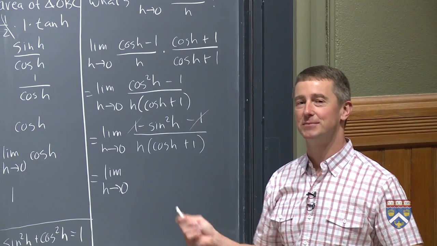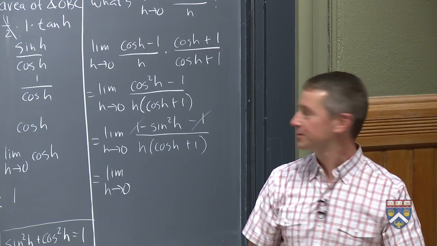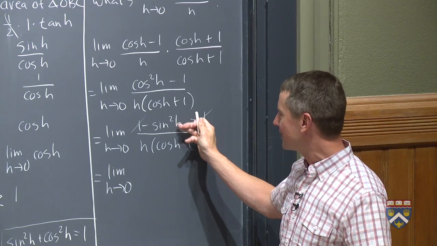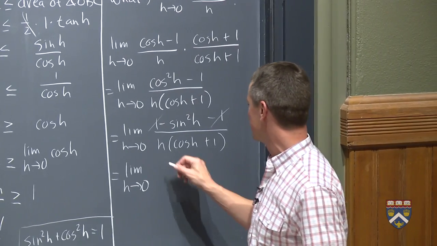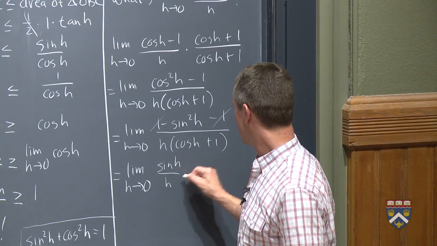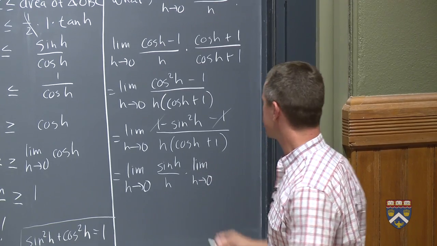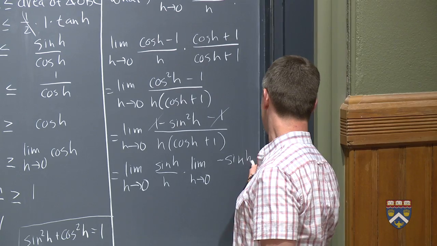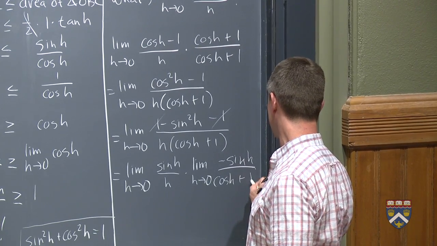I hope you're noticing how many times this semester, and we're going to keep doing it this week, we use something that we just figured out. Do you see here that if I rewrite this sine squared as sine times sine, I've got a sine h over h? And we just figured out what the limit of sine h over h is. So let's do that. Let me write it as the limit of sine h over h. And then I'm going to have to figure out what's left over here. Limit as h goes to 0. I've got a negative sine h still there on the top. And on the bottom, I've got a cosine of h plus 1.